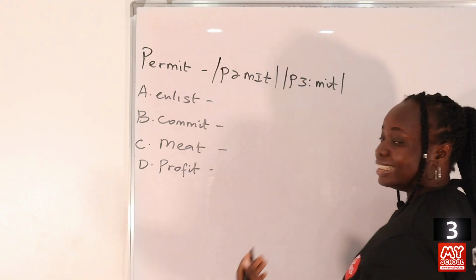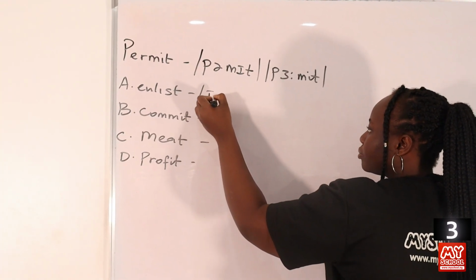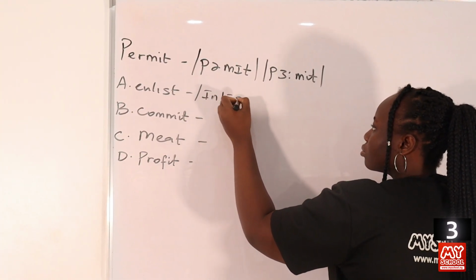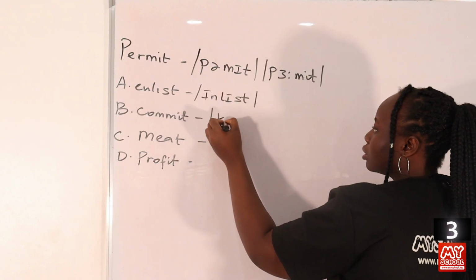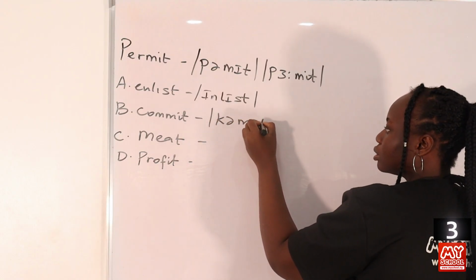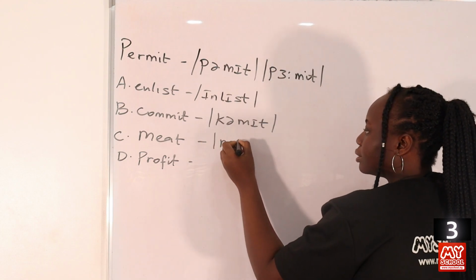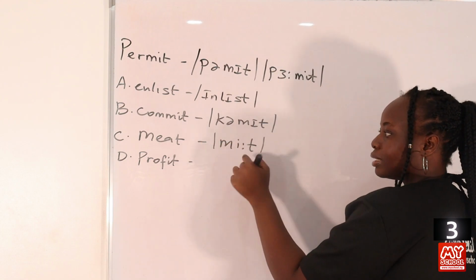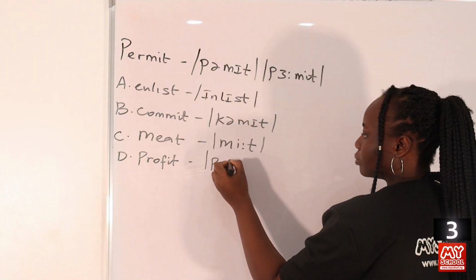Then for the word enlist, it's pronounced as enlist, and it's transcribed as this. The word commits is transcribed as this. The word meets is transcribed as this. We have the long E sound here. Then the word profits is transcribed as this.